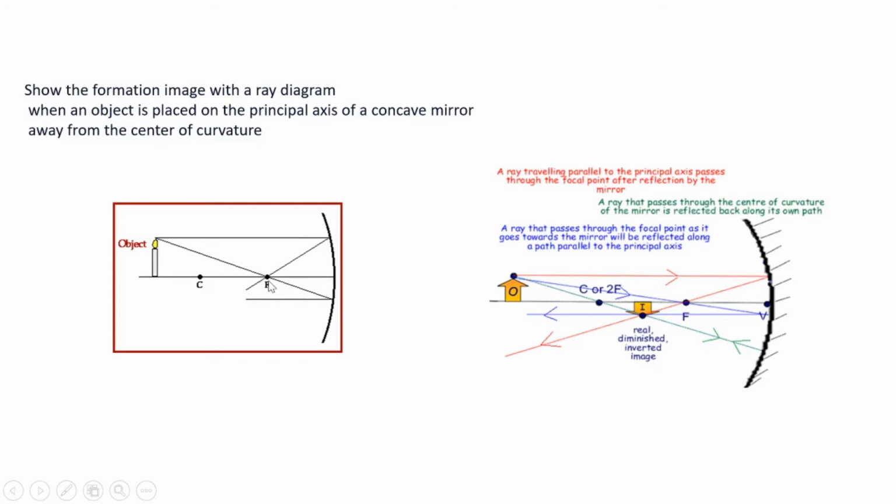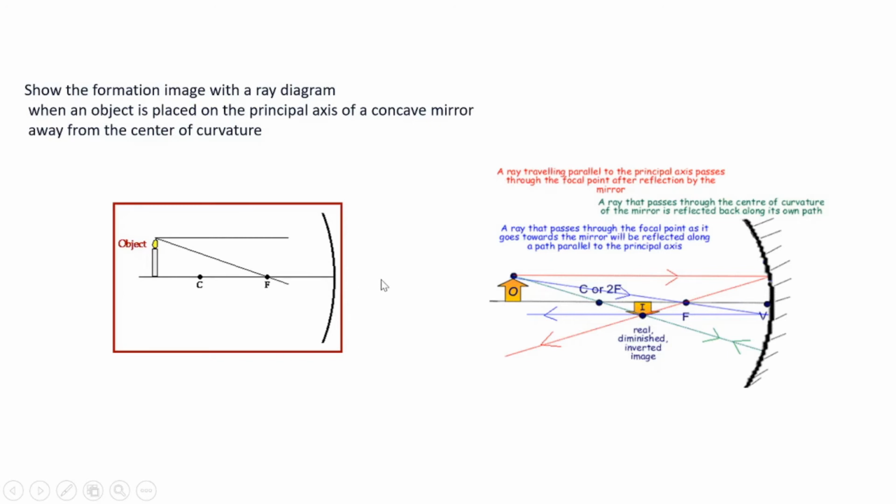First we saw the object placed between focus and pole, then between focus and center of curvature, then on the center of curvature, now beyond the center of curvature. So it is going away from the center of curvature. We calculate the distance from the pole to the object: this is the object distance, this is the image distance.